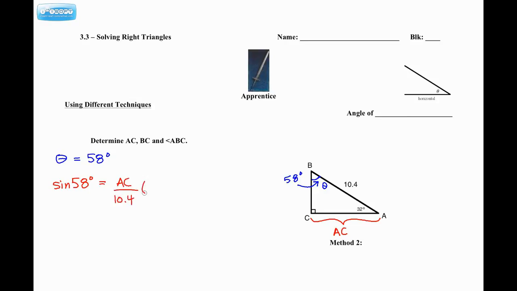All right. Just going to squeeze this in. It's a little tight. There we go. So AC. So 10.4 times the sine of 58. What do you know? I get 8.82. Again.